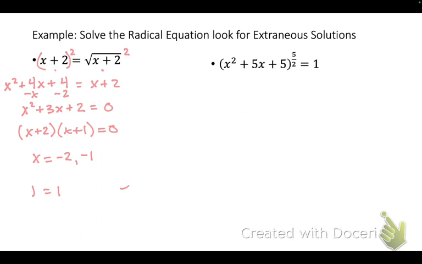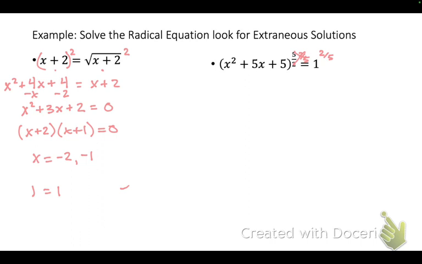Okay. So, how do I clear 5 halves? The reciprocal, 2/5. So take it to the 2/5 power. So over here we get 1, and over here, well, 1 to the 2/5 is 1.